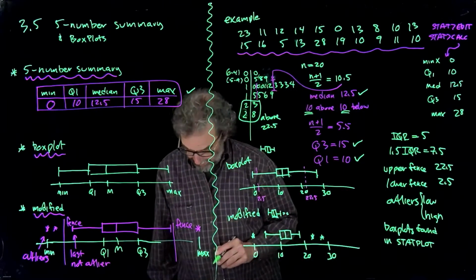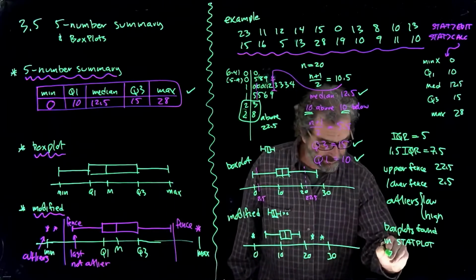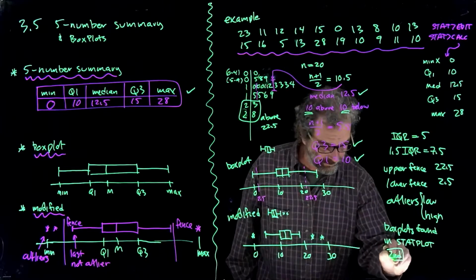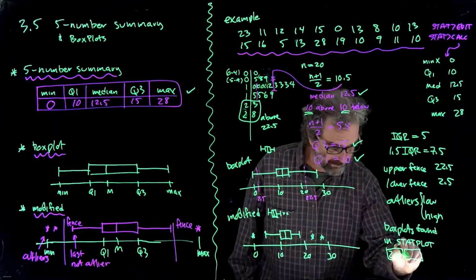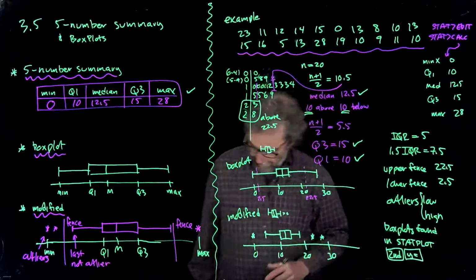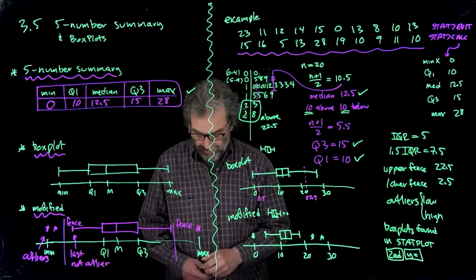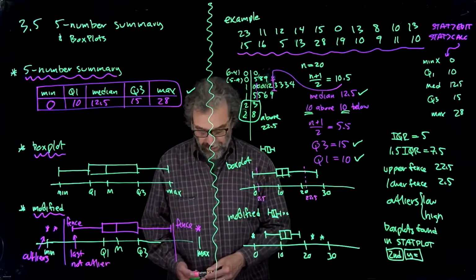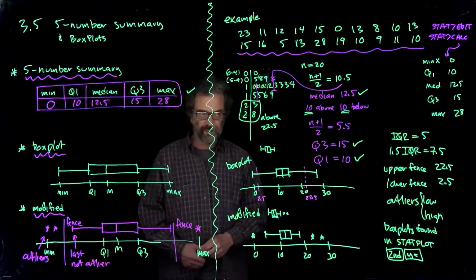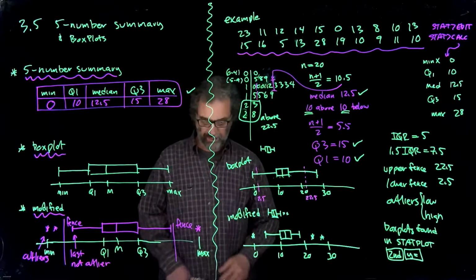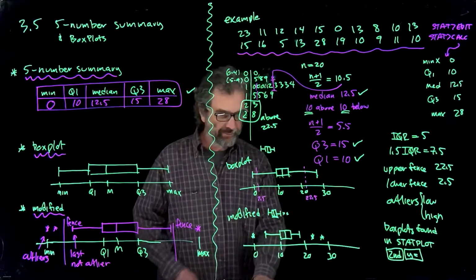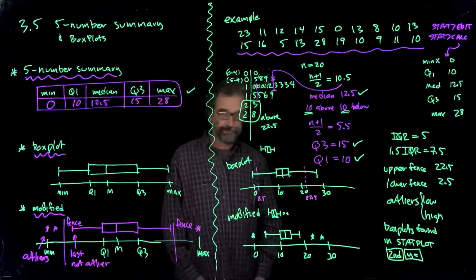And stat plot is second y equals. And then you get to choose your plot and choose your list you're using. Choose the frequency if you had a frequency. Choose the graph you want. You can make all kinds of things in there. But this is what we're looking at right now.